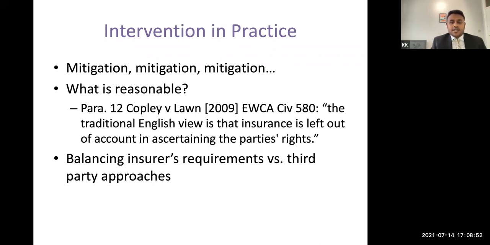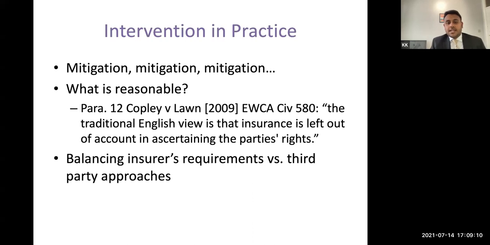When considering this in the round, it's important to note that at paragraph 12 of Copley and Lawn, the Court of Appeal reiterated the traditional position in English law that insurance is left out of account in ascertaining the parties' rights.